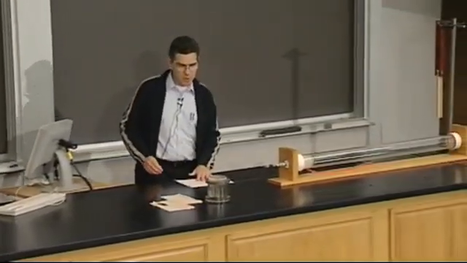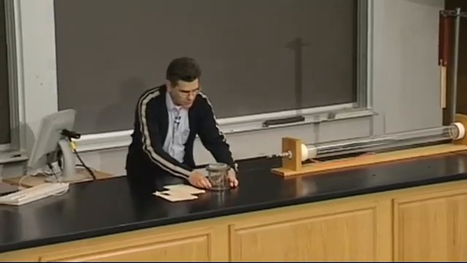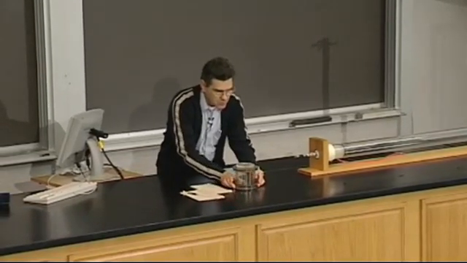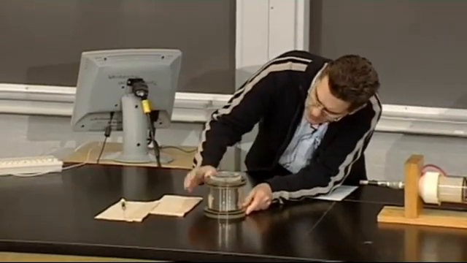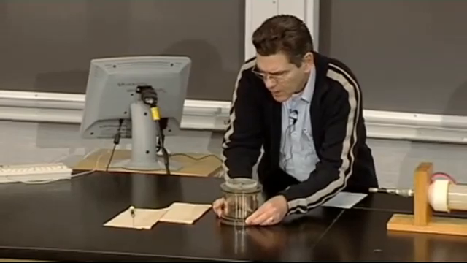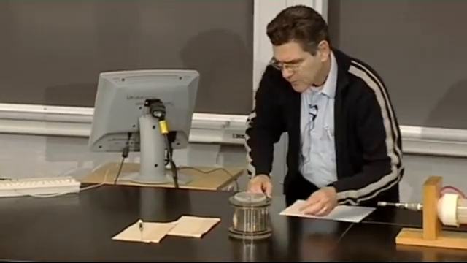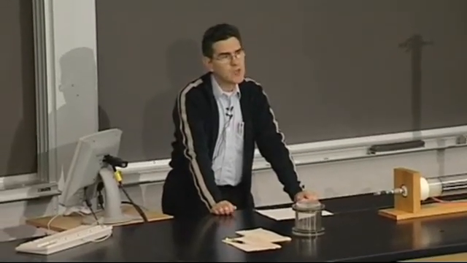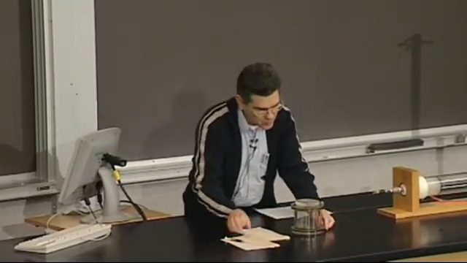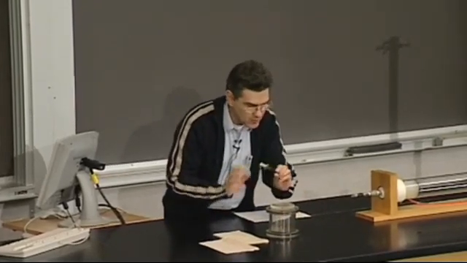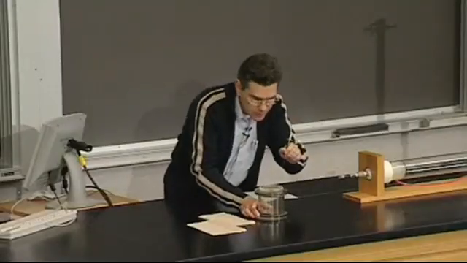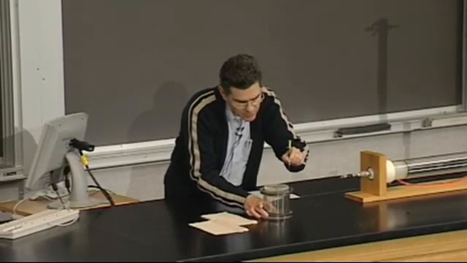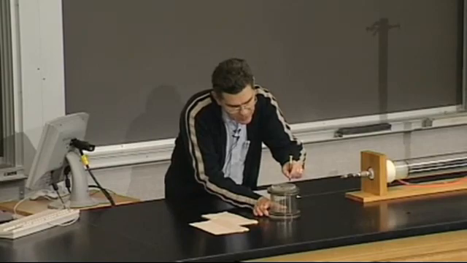Let me give you an example of fluid flow which is not turbulent. And then we'll try to understand what is going on. Okay, let's see. Where's the hole here? Here it is. So let me describe to you what this is.